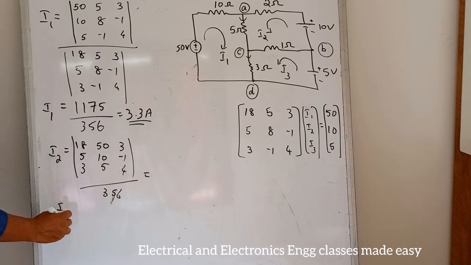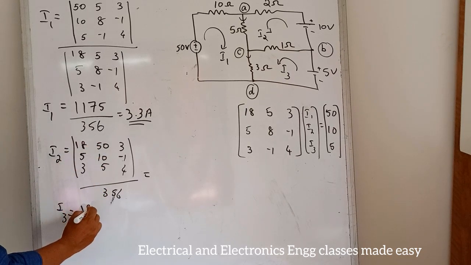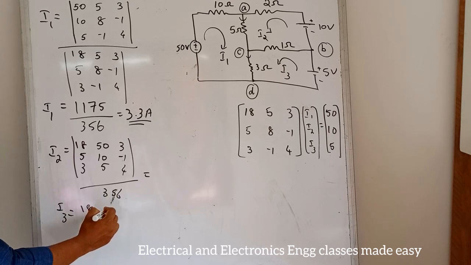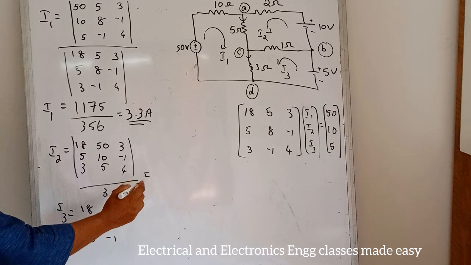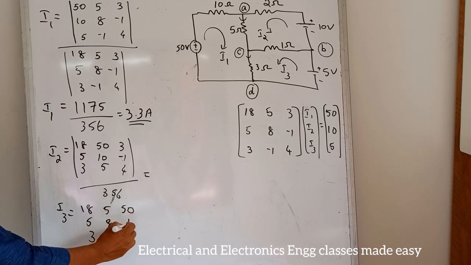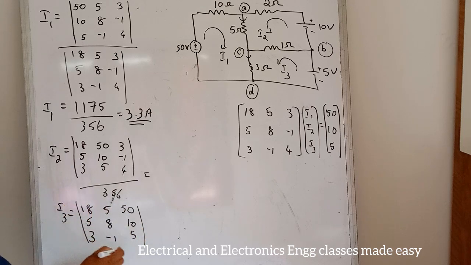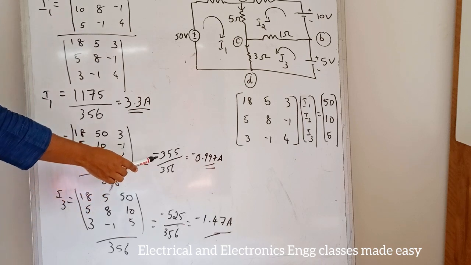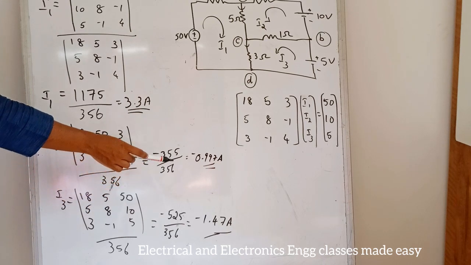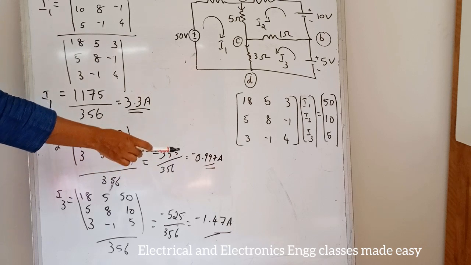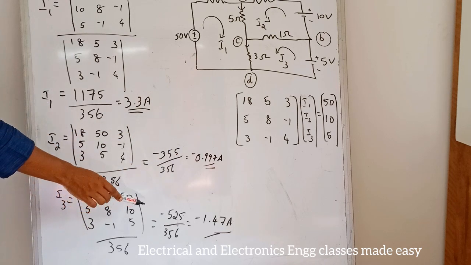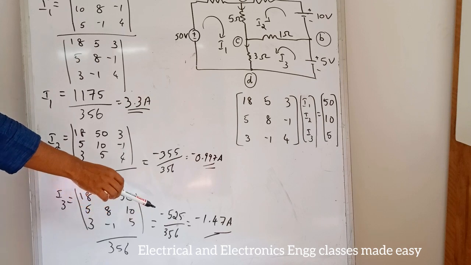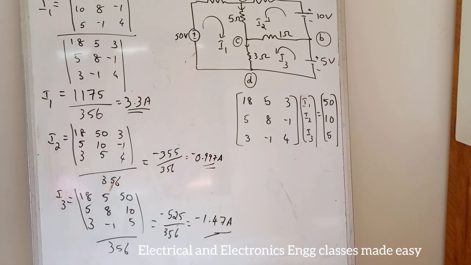Then I3 is equal to, change the third column elements, that is 18, 5, 3, then 5, 8, minus 1, then 50, 10 and 5, divided by 356. So for I2 we get minus 355 divided by 356, that is minus 0.997 ampere, and for I3 we get minus 525 divided by 356, that is equal to minus 1.47 ampere.